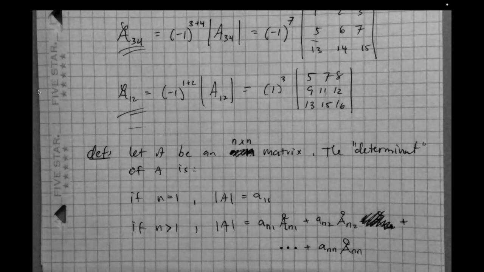Okay, so that's the definition of the determinant for any n by n matrix, so obviously the 1 by 1 and then 2 by 2 and above is captured by this.